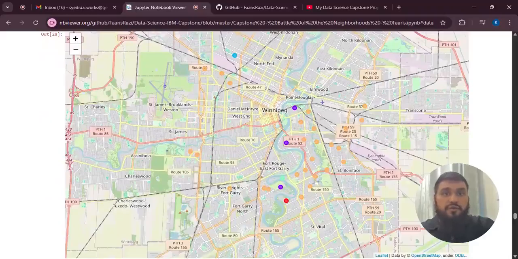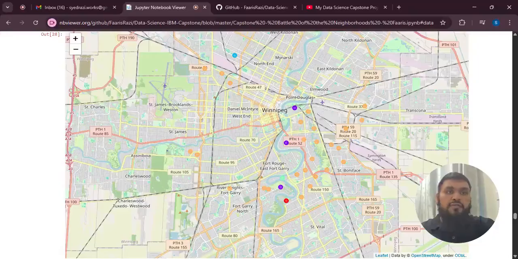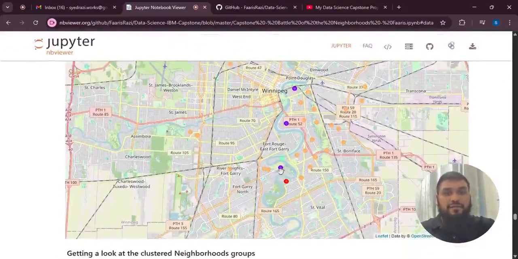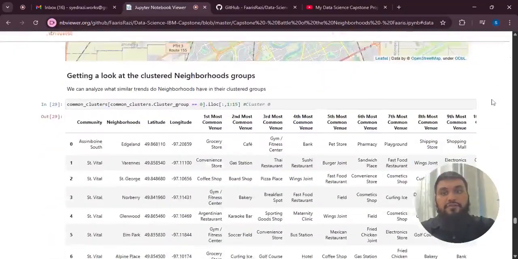So the biggest cluster you can see is in orange, and we call it cluster 1. It's a bit urban and busy, so it's great for foot traffic, but your restaurant may need to really stand out, so you might need to apply some really cool marketing right there. And in red, I believe these are for cluster 2 and 5.